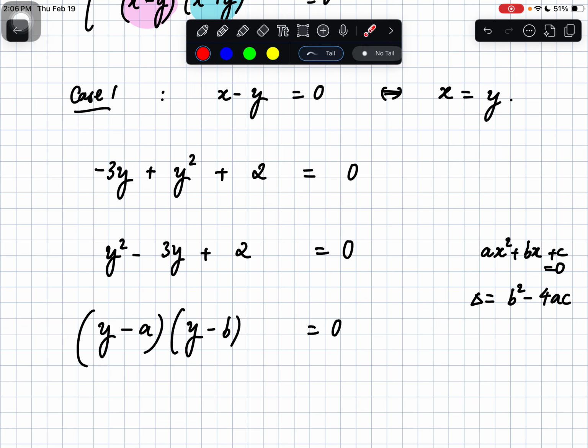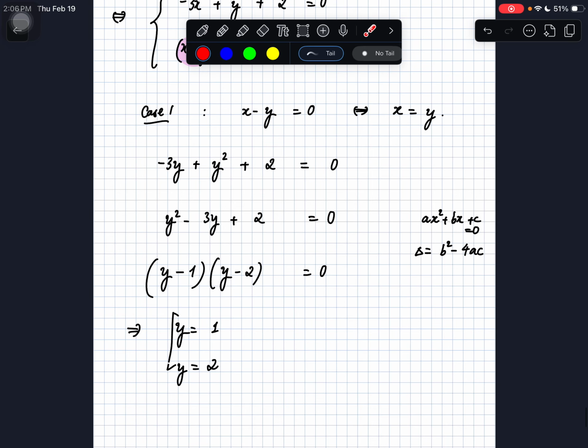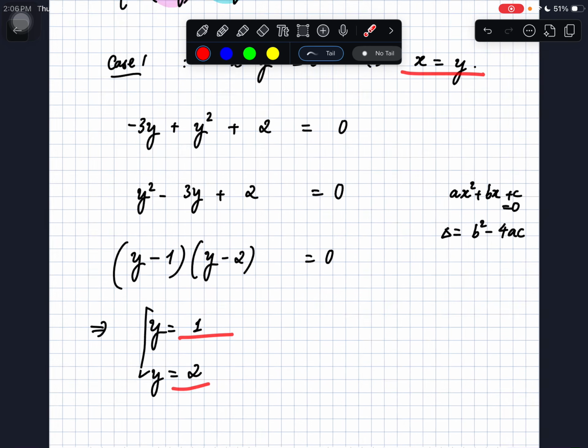We want a and b such that a times b gives us 2 and a plus b gives us 3. So one of them will be 1, the other one is 2. So this gives us y equals 1 or y equals 2. So in this case, you have critical points (1, 1) and (2, 2).